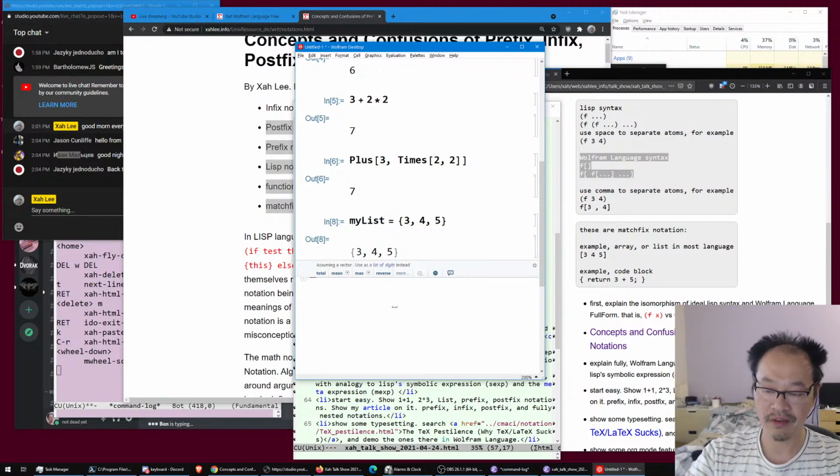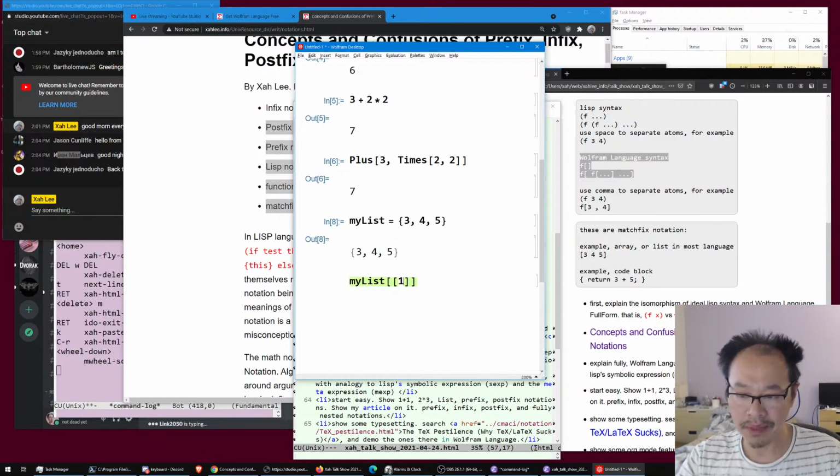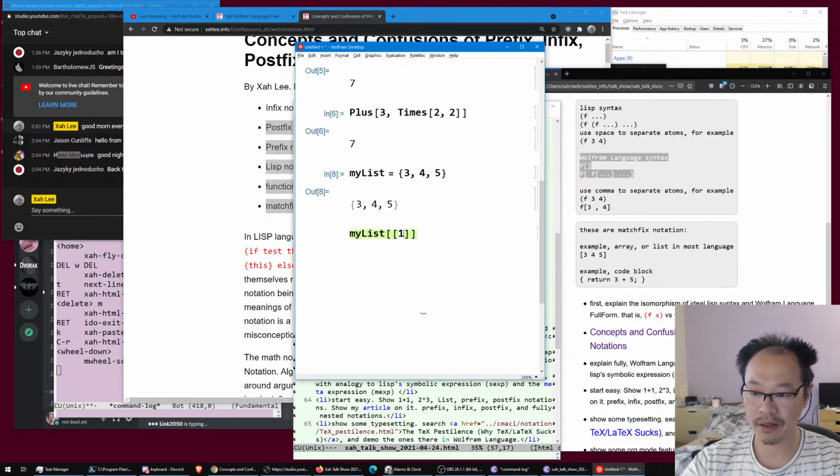Now you want to take the first element. The index starts at 1, okay? In mathematical languages, index starts at 1, not 0. This includes Mathematica, MATLAB, Maple, Julia. Basically any math-oriented language, and APL.